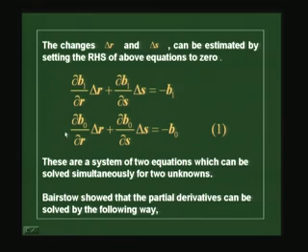Provided we know what these derivatives are, del b1 by del r, del b1 by del s, del b0 by del r, del b0 by del s, we can determine delta r and delta s.